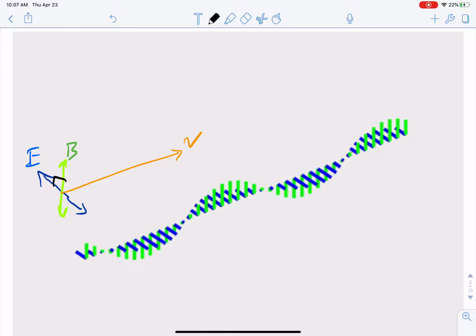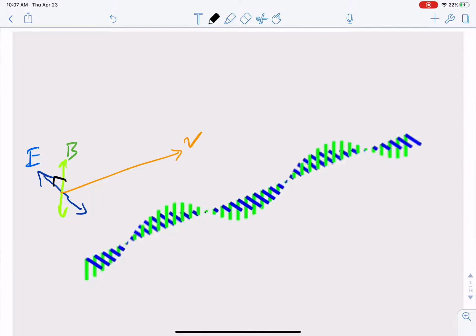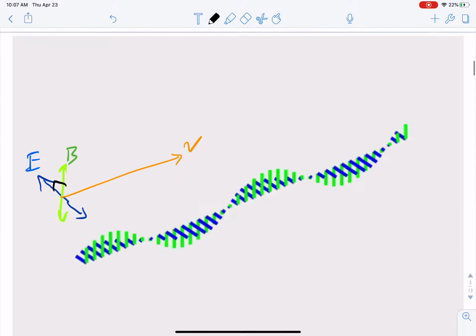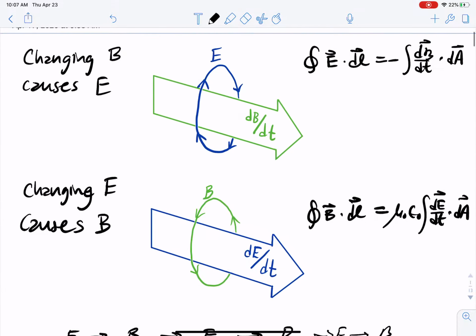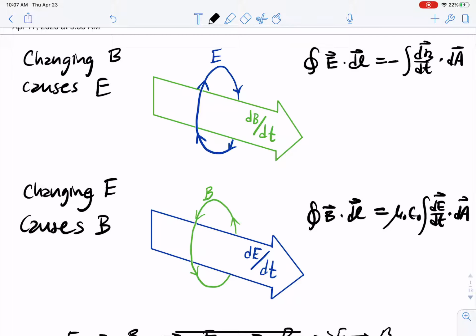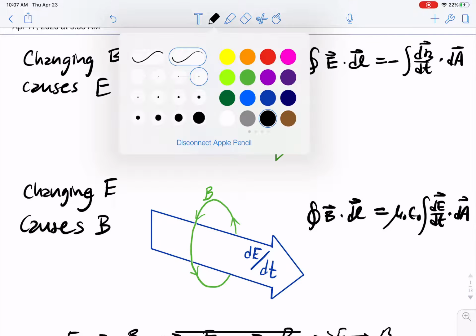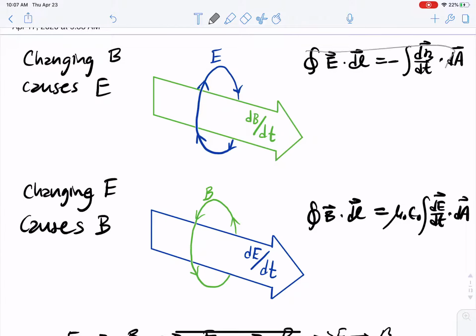Now, the interesting thing about these waves, which is just a mathematical property of these two equations, so this is just straight math, is this. If you try to find what kind of wave satisfies these two equations, see, they're coupled, right?